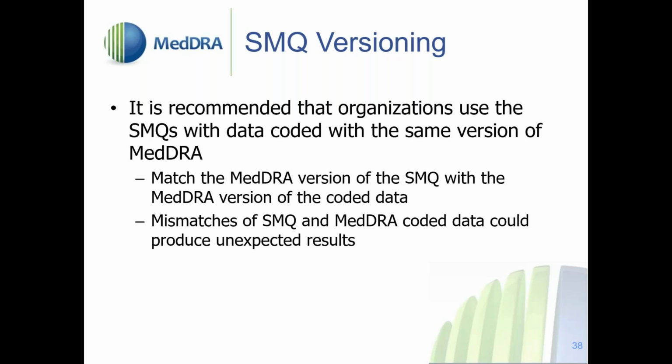Or maybe you're not looking for a term that you should be looking for because you're using an older SMQ. So mismatches in the version could give you unexpected results. A very important reminder: please always check what version your data was coded in and what version of SMQ you're using. They have to be the same version to get accurate results.